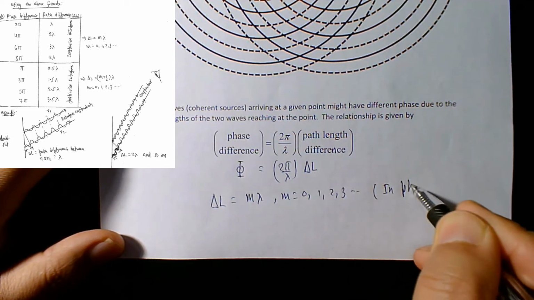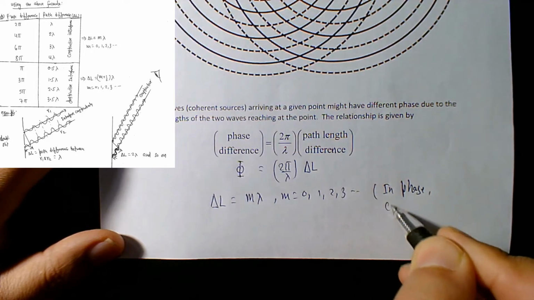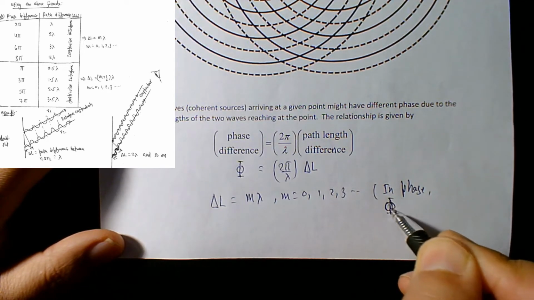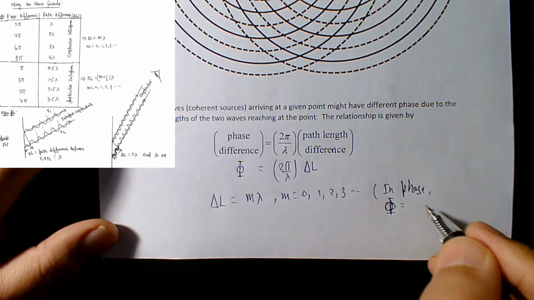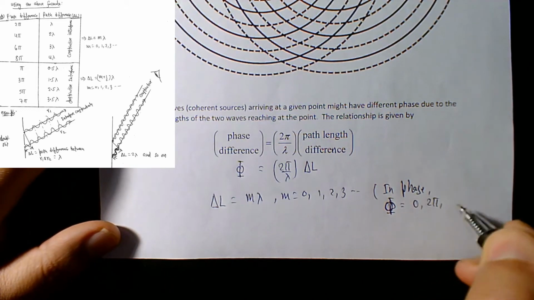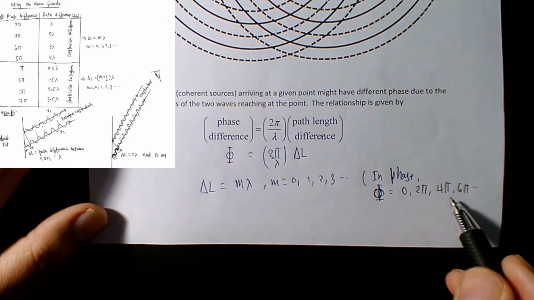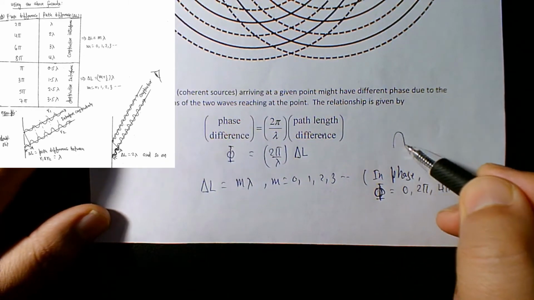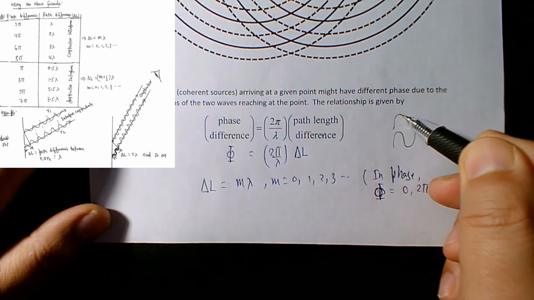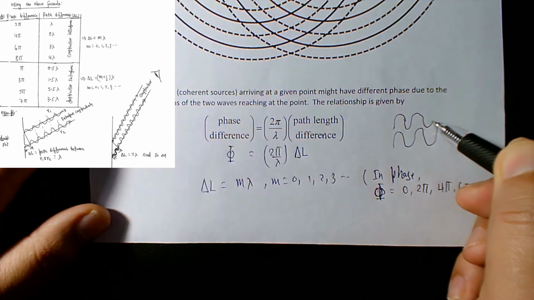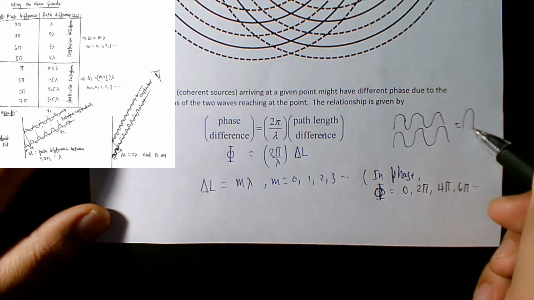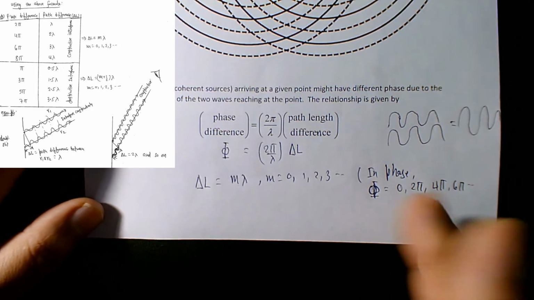That means the phase difference is 0, 2 pi, 4 pi, 6 pi, an even number of pi. The two waves meet in phase at that point, and they produce constructive interference, bright light.